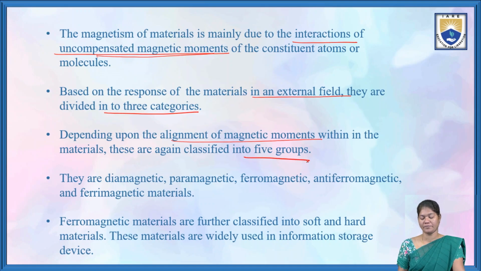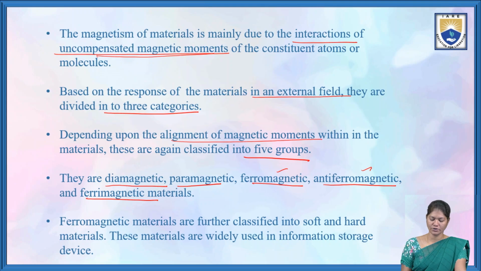They are diamagnetic, paramagnetic, ferromagnetic, antiferromagnetic, and then ferrimagnetic materials.